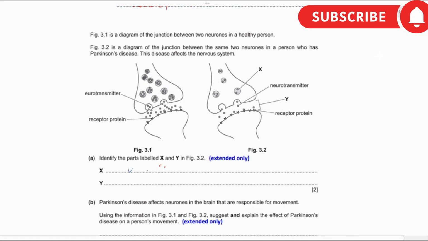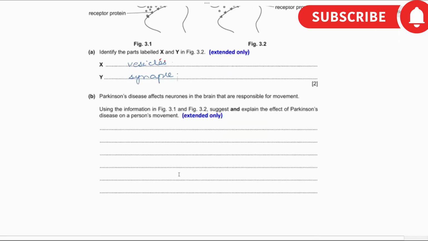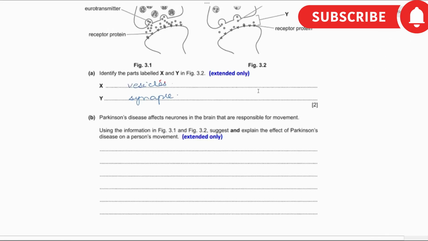These are vesicles that contain the neurotransmitters, and Y is the synapse. Okay. Parkinson disease affects neurons in the brain that are responsible for movement. So suggest and explain the effect of Parkinson disease on a person's movement from this diagram.